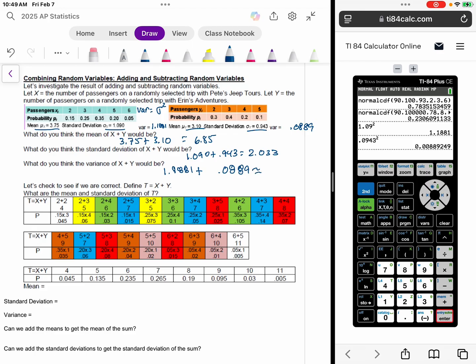That gives us 2.077. There's a big difference there. I didn't realize till I looked back up. It should only be 0.889, and technically you want to go out to the 4, so 0.8892. There we go.